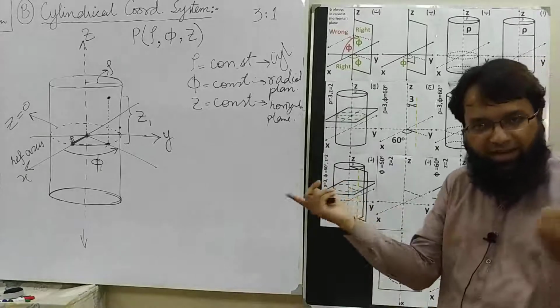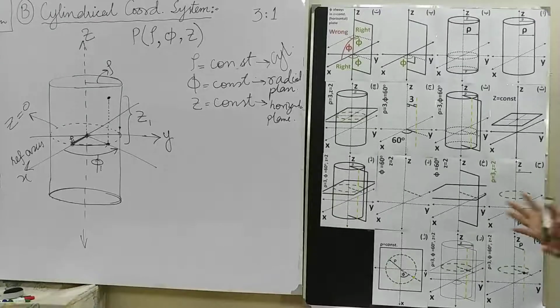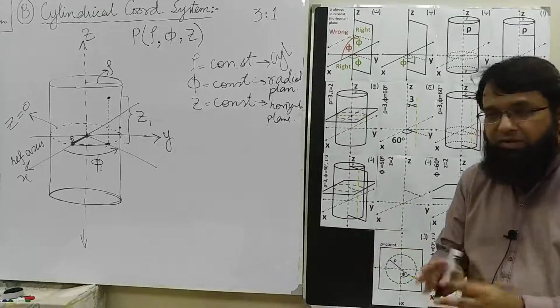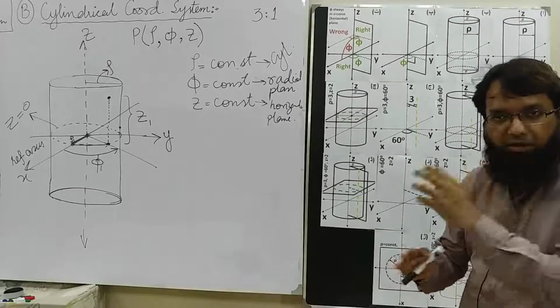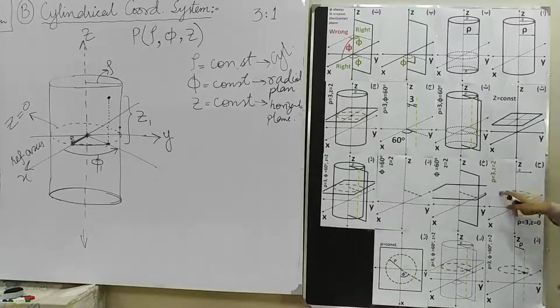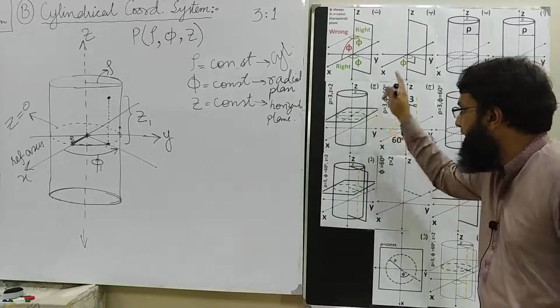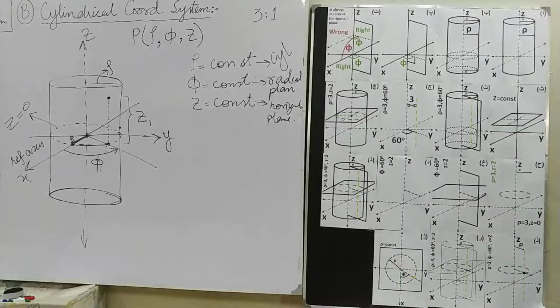We just show the intersection of the two fundamental surfaces. If we are talking about a point, we just show the point. We never show the constituent surfaces. So remember that a circle is always defined in a cylindrical coordinate system by the intersection of a horizontal plane z equals constant and the cylinder, both intersecting each other at a perfect 90 degrees.